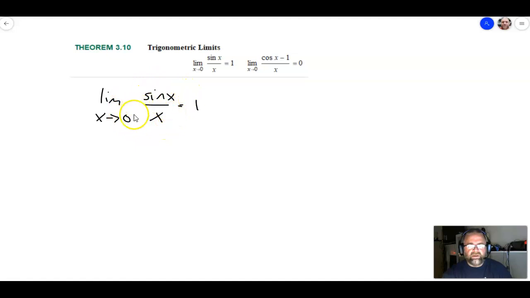Now I want to look for ways that I can maybe factor out an x from the top, but it doesn't appear that there's a way, or using a trigonometric identity, to factor out just an x from sine of x.